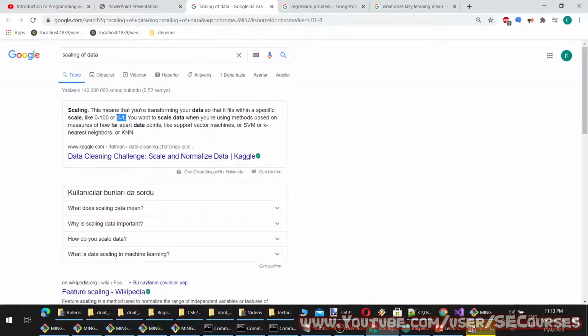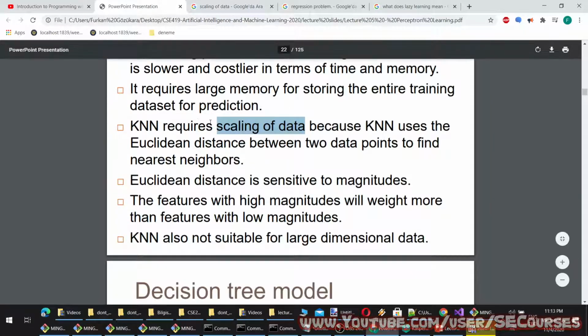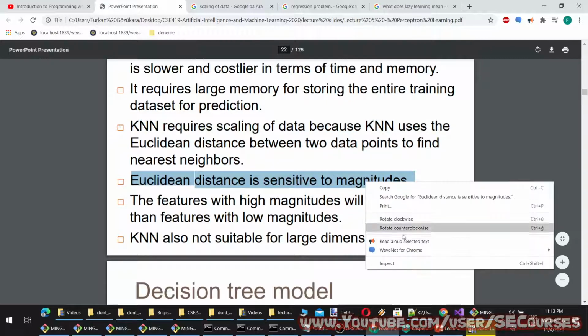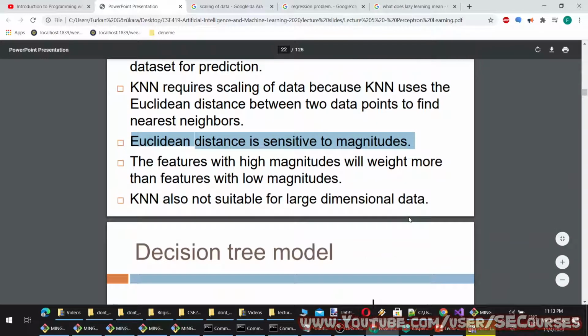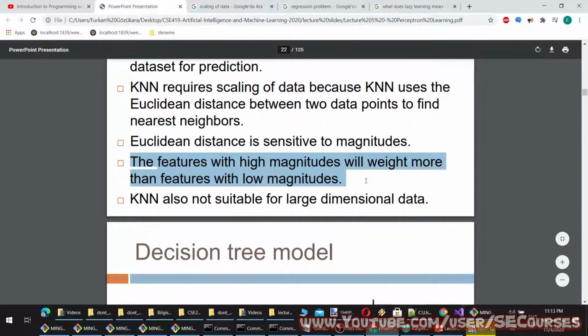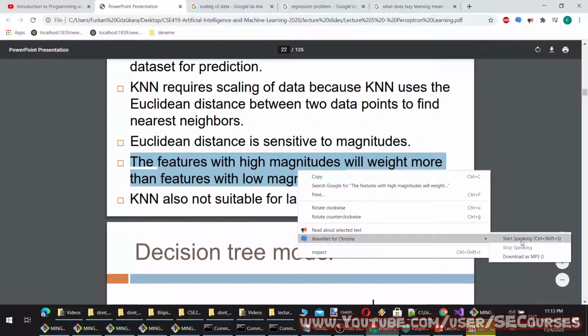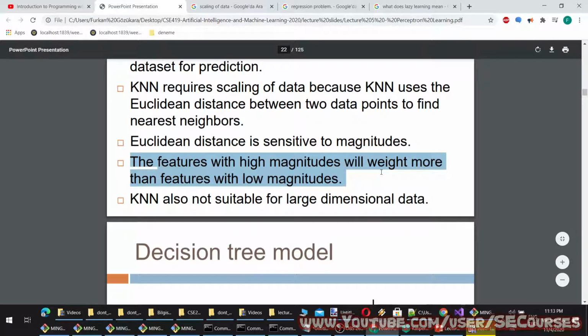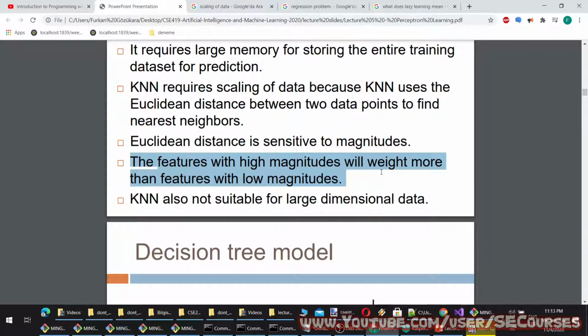We usually scale the data between 0 and 1, usually based on the algorithm. So your data should be scalable. Euclidean distance is sensitive to magnitudes. The features with high magnitudes will weigh more than features with low magnitudes.